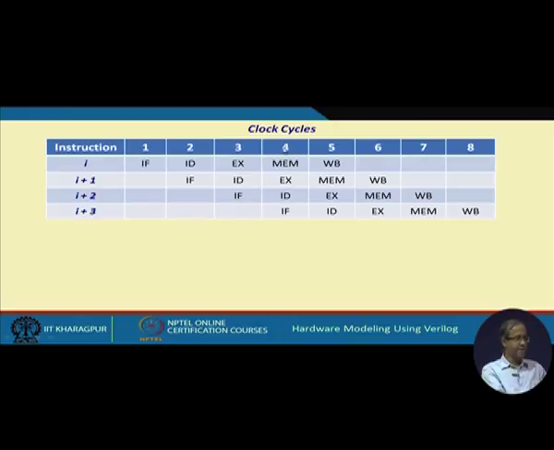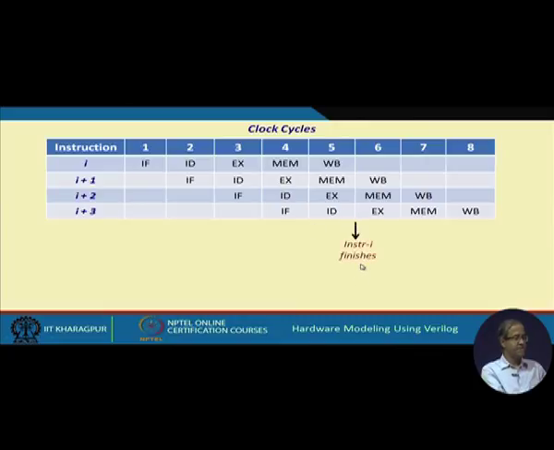In this way you see, fourth step MEM, EX, ID, IF. Fifth clock cycle WB, MEM, EX, ID. Now, say after this WB, the first instruction I will finish.